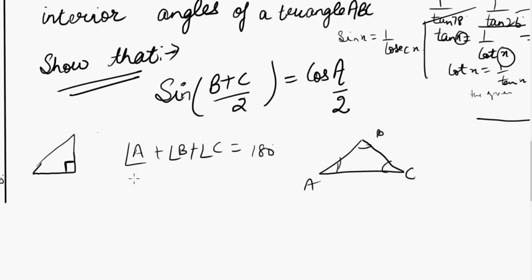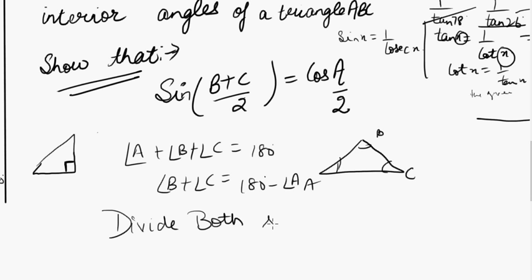So angle B plus angle C is 180 degree minus angle A. Now divide both sides by 2. What will we get?